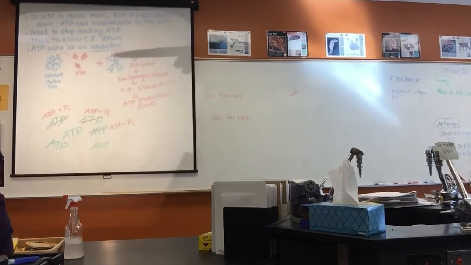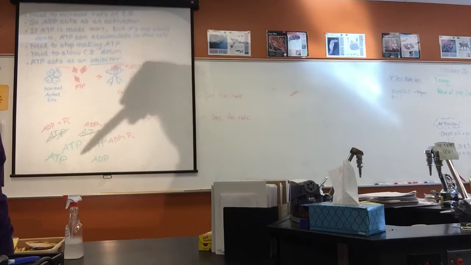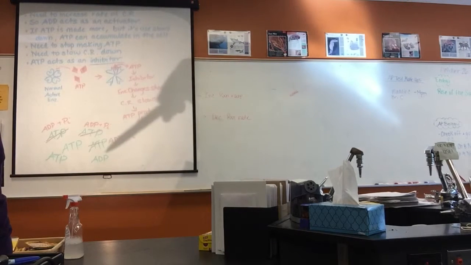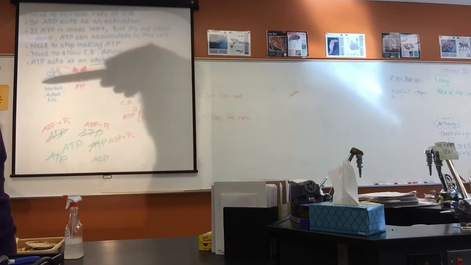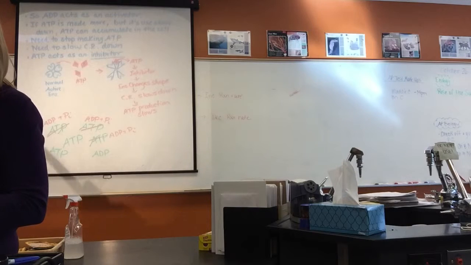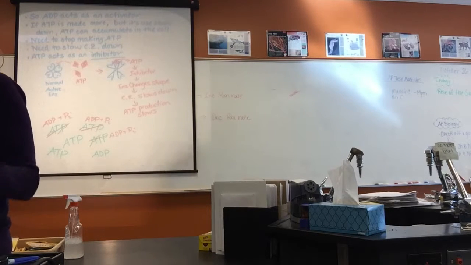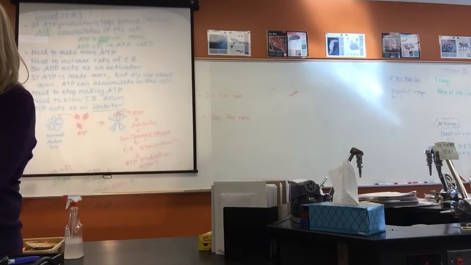And when it does this, this is reversible. When the cell starts using up the ATP that it has so much of, it can take this off and use this ATP and break it down into ADP. When that happens, the enzyme goes back to the normal shape. Now you've got all this ATP broken down into ADP because the cell's been using it for energy. This ADP, now we start the whole thing over.